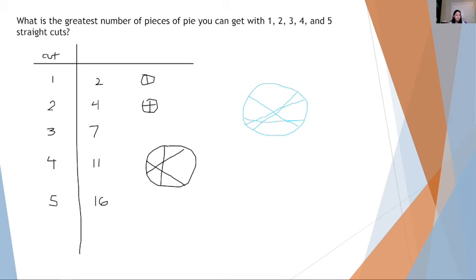I'm going to mirror the first 2 lines that William did up here because it's easy to draw a third line from that one. Then you want the last one to cross all the other lines. So from this, we have 1, 2, 3, 4, 5, 6, 7, 8, 9, 10, 11.